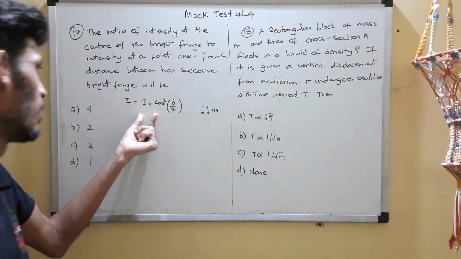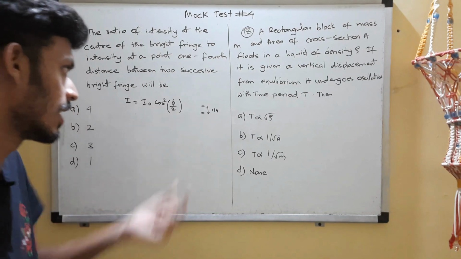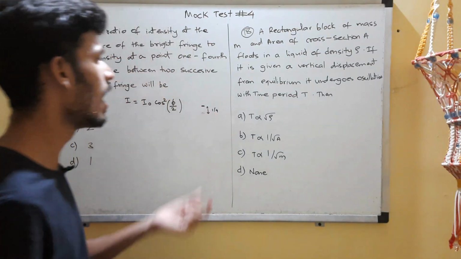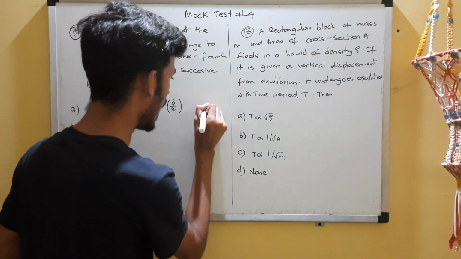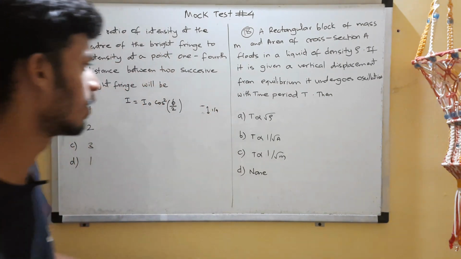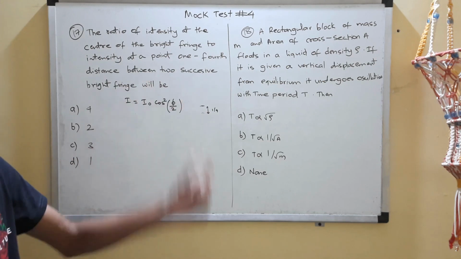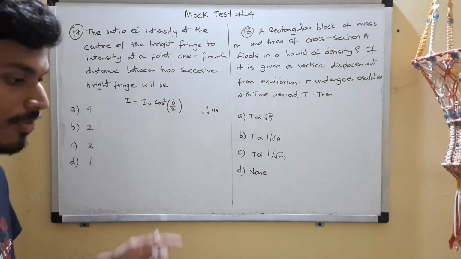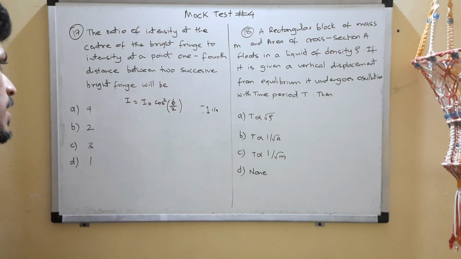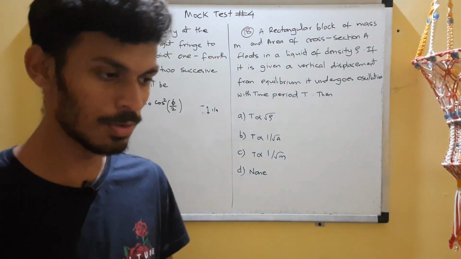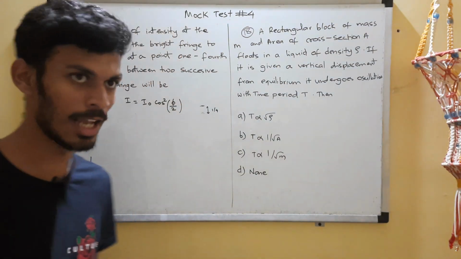But we are not concerned about that. So I naught is the intensity at the center, we already know that. And the intensity at the 1/4 distance of the fringe width. Basically, how do we, first of all, know that the intensity at the center is I naught?